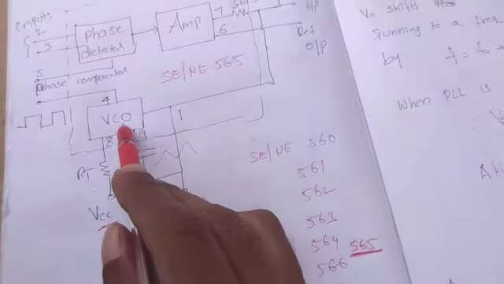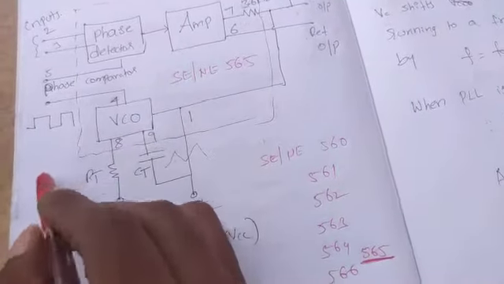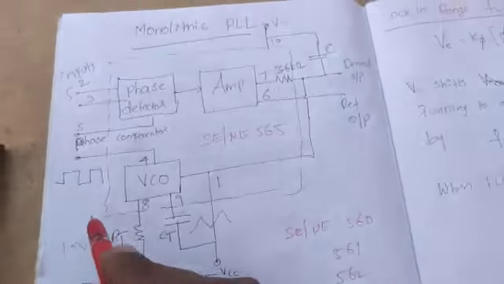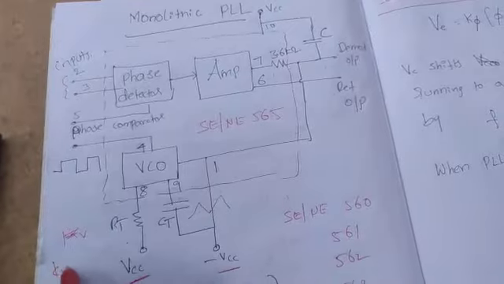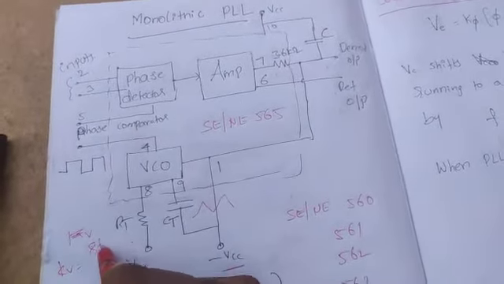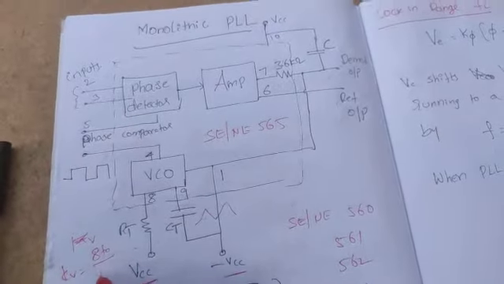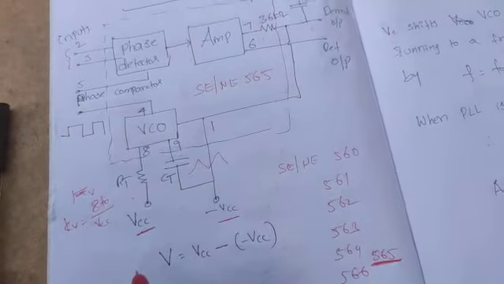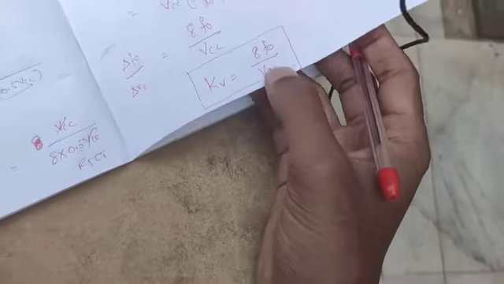In the voltage controlled oscillator, what we get is KV equal to 8F0 by VCC, we got it. Yes or no? That is what we got previously, 8F0 by VCC.